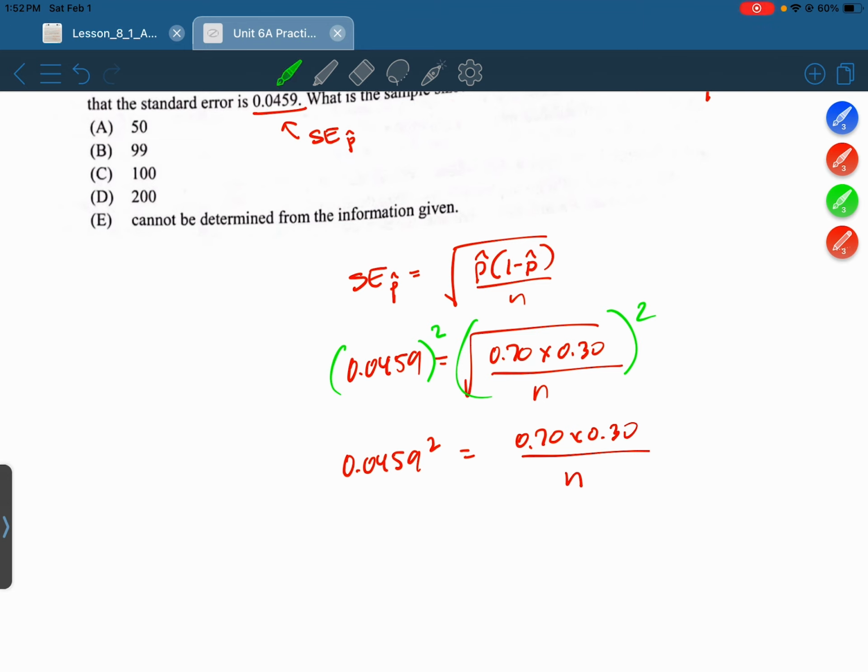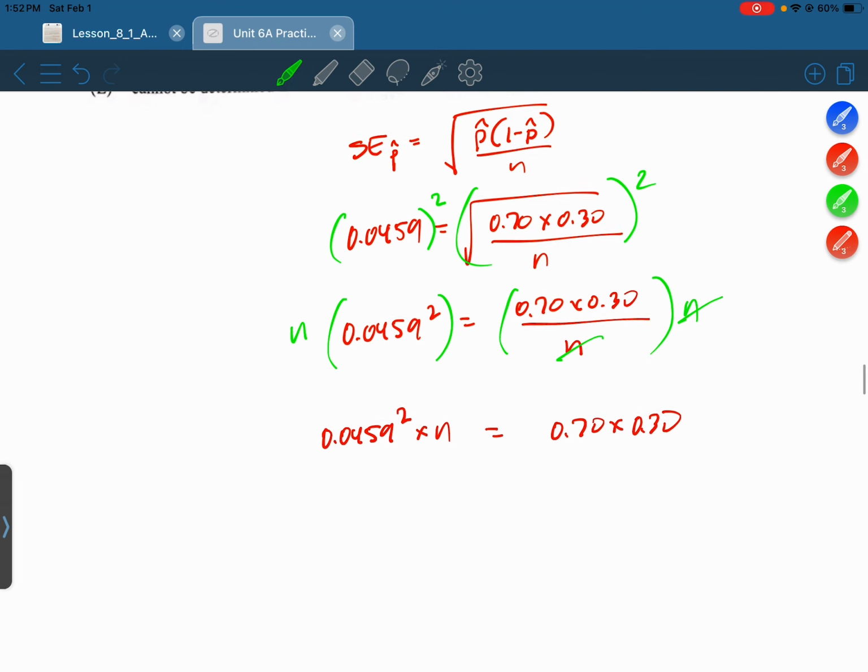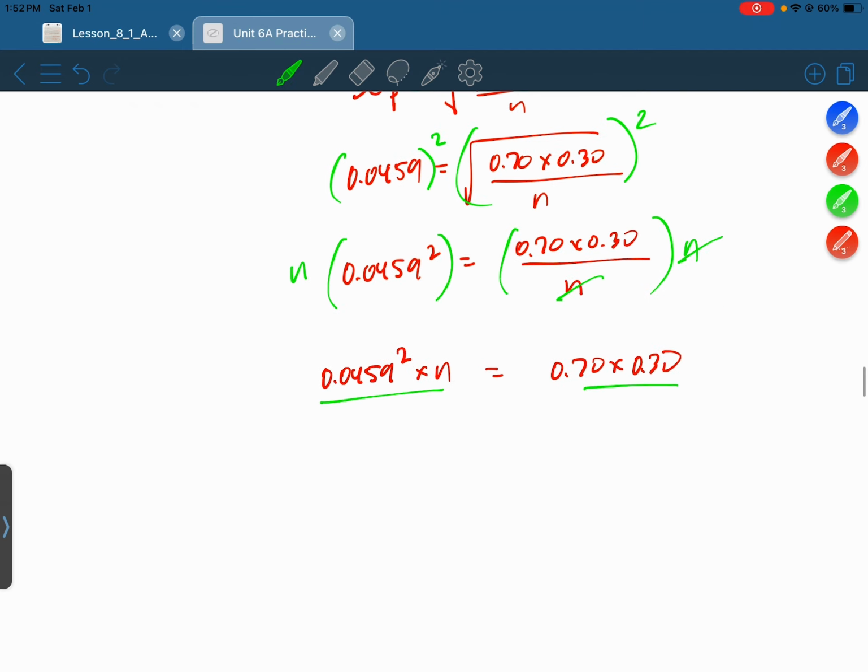Okay. All right, then I suppose I would multiply both sides by n, get it to cancel over there. So now we've got 0.0459 squared times n equals 0.70 times 0.30. And then lastly, let's divide by 0.0459 squared to isolate n.